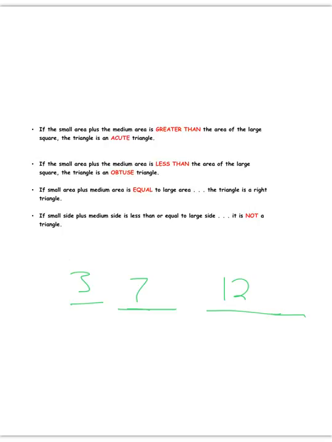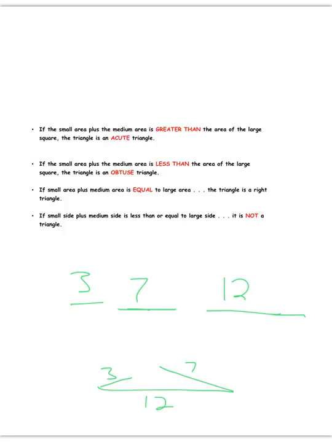If you think about it, here's why. Here is a side length of 12, and if this one is 7 and this one is only 3, will these two short sides ever touch to connect to make a triangle? They're too short. They need to be more than 12 centimeters long in total. So these are the 4 sentences that you should always remember as we move forward in this unit.